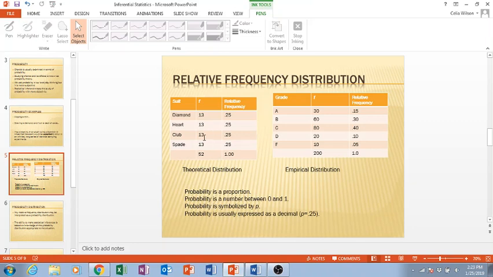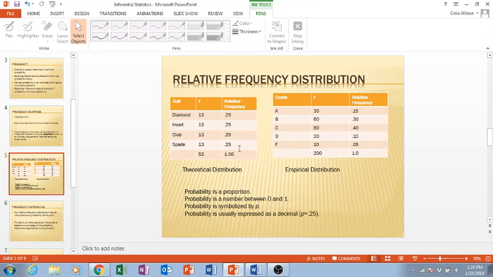So let's look at this example. In a relative frequency distribution, we put what would be expected. So if we were to infinitely sample from a fair deck of cards, we would expect 0.25, 0.25, 0.25, 0.25.